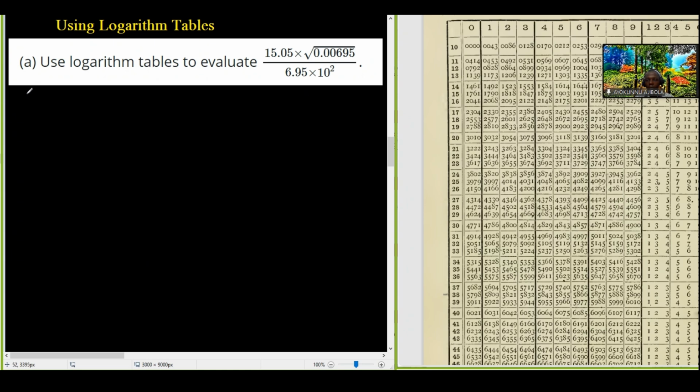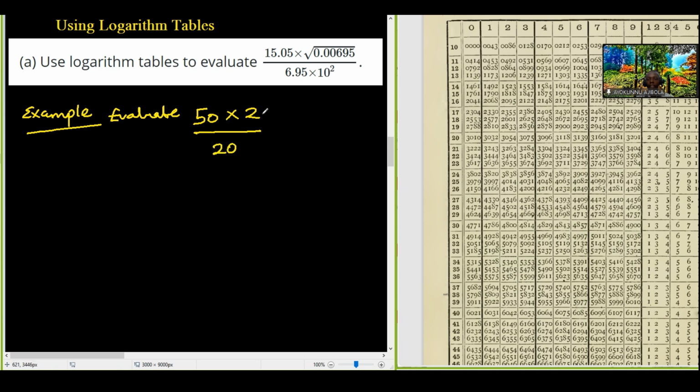Maybe they ask us to evaluate, say, 50 times 2 divided by 20.